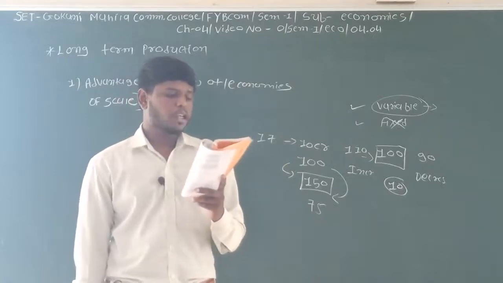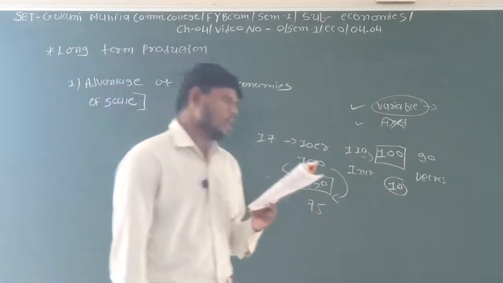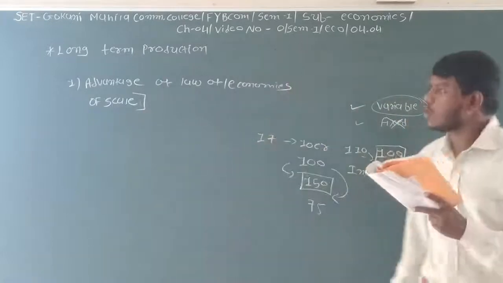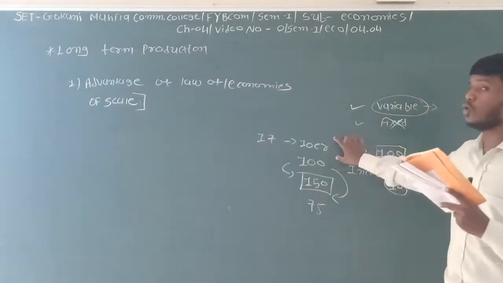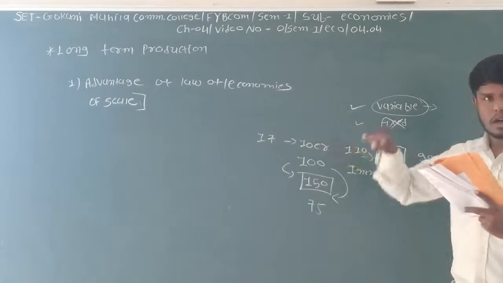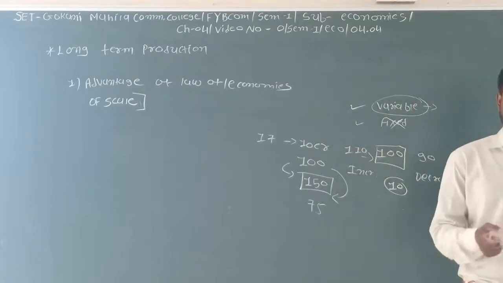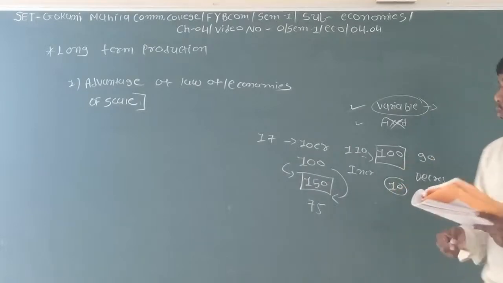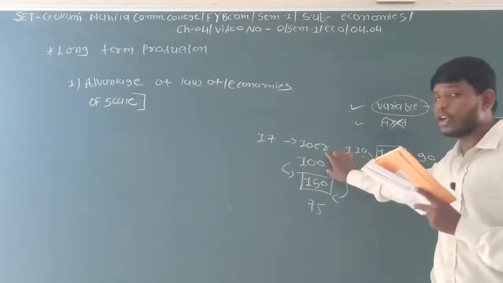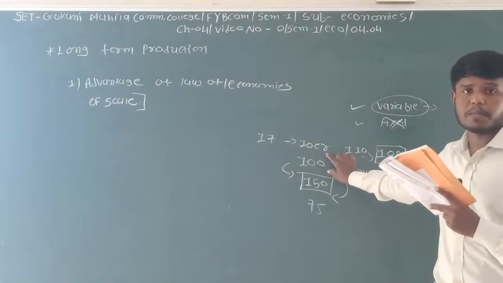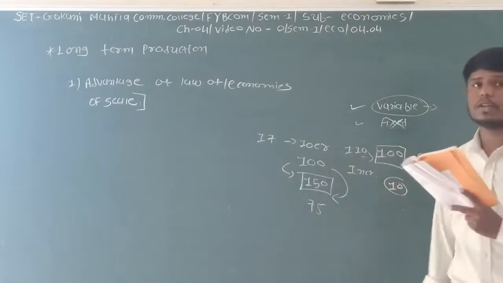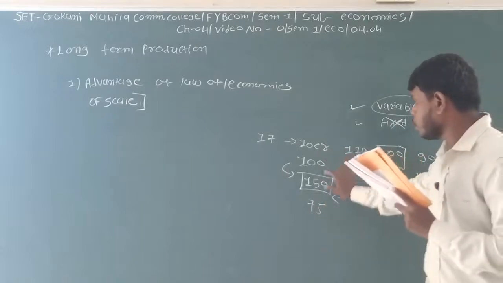Thus, all the factors become variable. So here it can be said that you can make changes in the capital, and you can make changes in the labor employed in your business enterprise. For example, when you produce 100 units of any big machine, your demand will increase from 100 to 150.